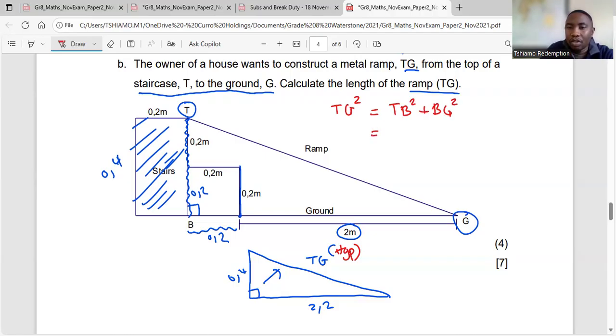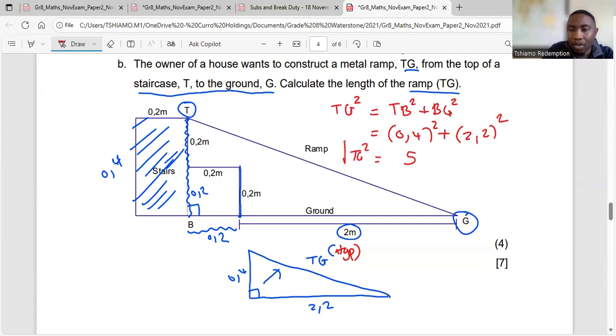And then substitute in your values. This is how much? 0.4 squared plus 2.2 squared. And then press them on a calculator. We get 5 for TG squared.